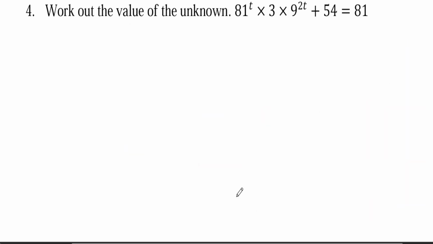Now question 4, work out the value of the unknown, which is 81 to the power of t times 3 times 9 to the power of 2t plus 54 equal to 81. Very easy question. Obviously we write them in index form. Make sure that they all have the same bases.